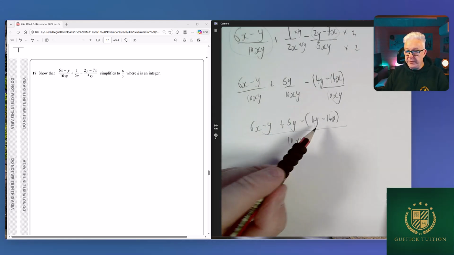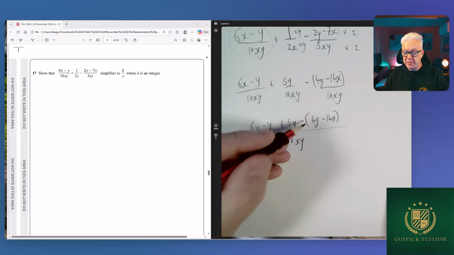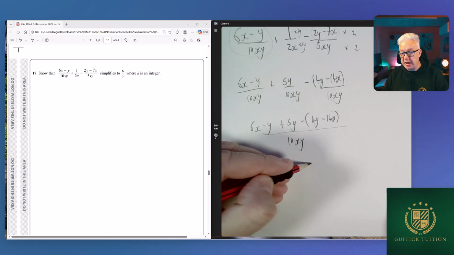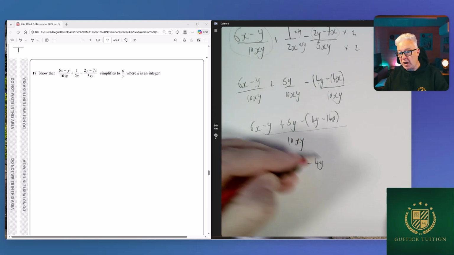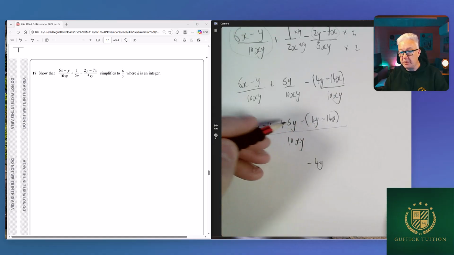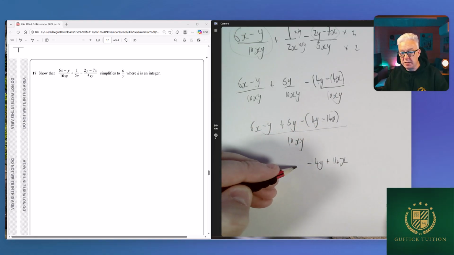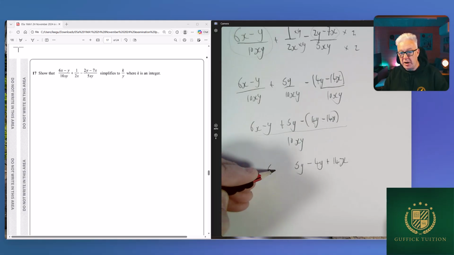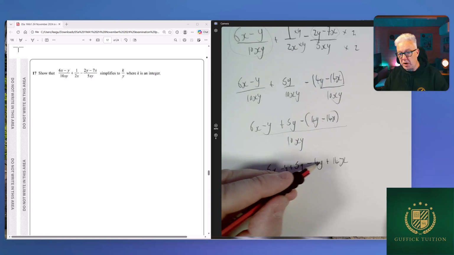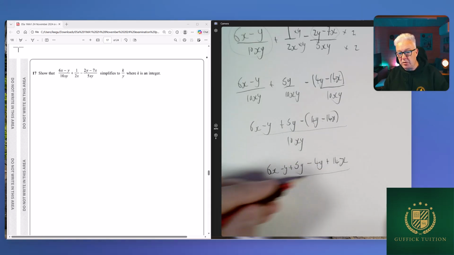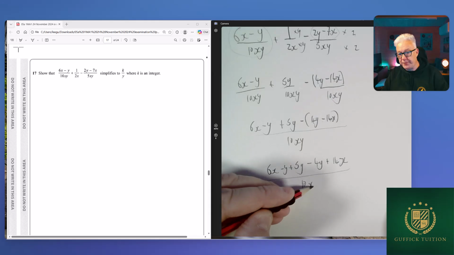Now, this is why it was important that this was in brackets, because now when I remove the brackets here, I have minus 4y, but a minus and a minus becomes a plus. So that becomes plus 14x. Okay, so this is what I have now. 6x minus y plus 5y minus 4y plus 14x all over 10xy.